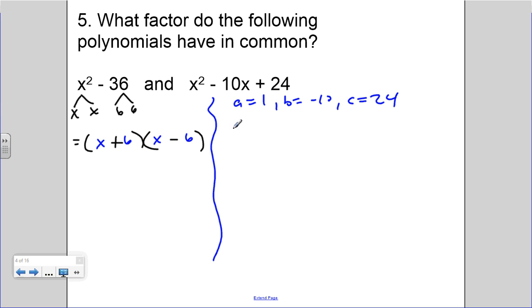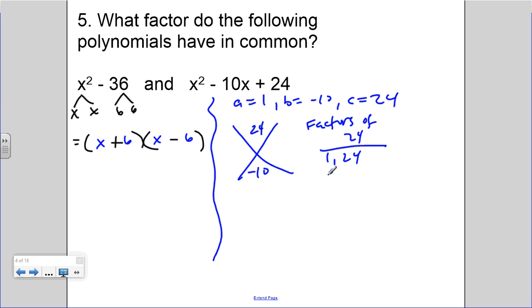So we'll just use the x, put 24 at the top, negative 10 at the bottom, and find the factors of 24: 1 and 24, negative 1, negative 24, 2 and 12, negative 2, negative 12, 3 and 8, negative 3, negative 8, 4 and 6, negative 4, negative 6.